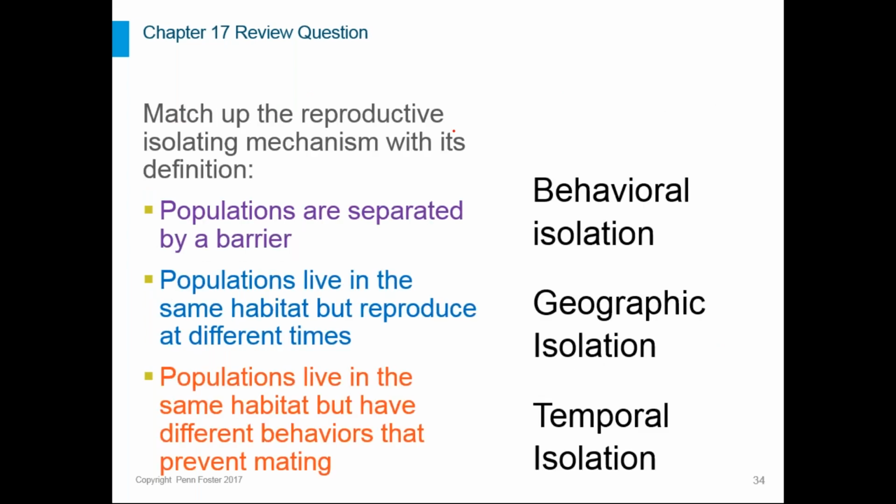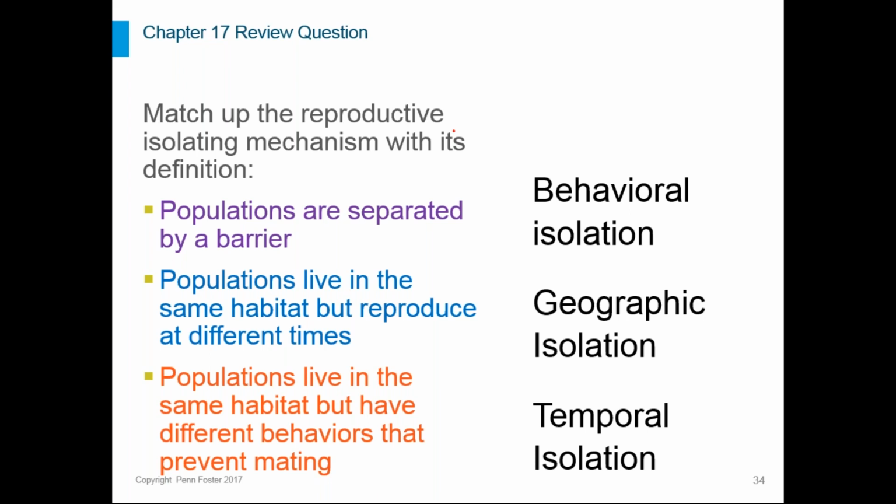And our last one, this is not one that I could make as a poll for you to answer because it's a matching question, but we talked about isolating mechanisms. So we're going to match the 3 of them up with their definitions. So we've got populations that are separated by a barrier. What kind of isolation is that? Populations that live in the same habitat but reproduce at different times.